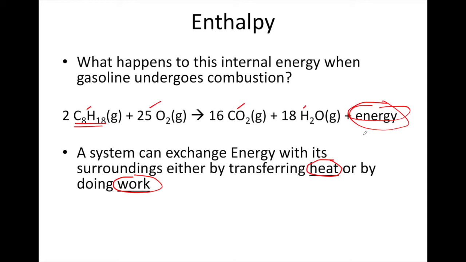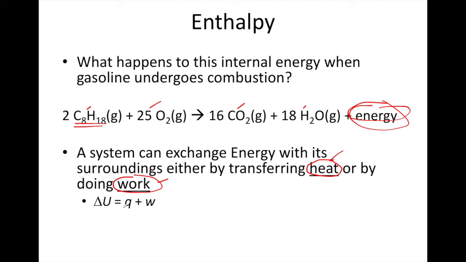We also have reactions that take place inside of our body, and the reactions release energy, and that energy can be used to do work, move our muscles, cause our heart to beat, all of these things. So the internal energy that's released from a chemical reaction or physical process can be released as heat or can be used to do work. So very important concept there.